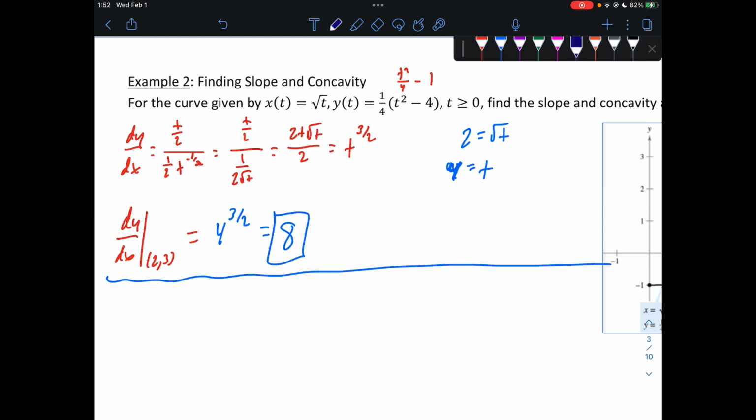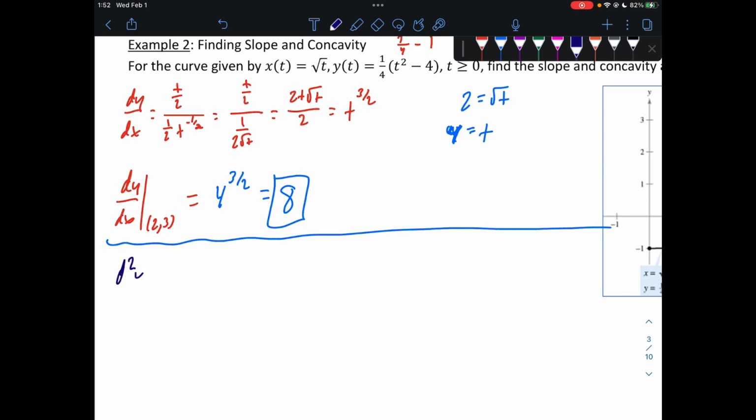All right, part 2, now taking the second derivative, d squared y over dx squared. So it's the derivative of the first derivative, which is 3/2 t to the 1/2 over 1 over 2 root t. So you can think of this as 3 root t over 2 times 2 root t over 1.